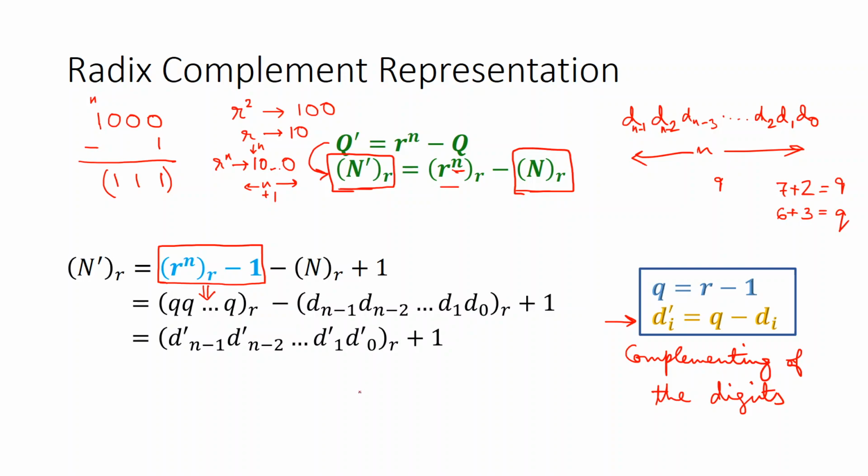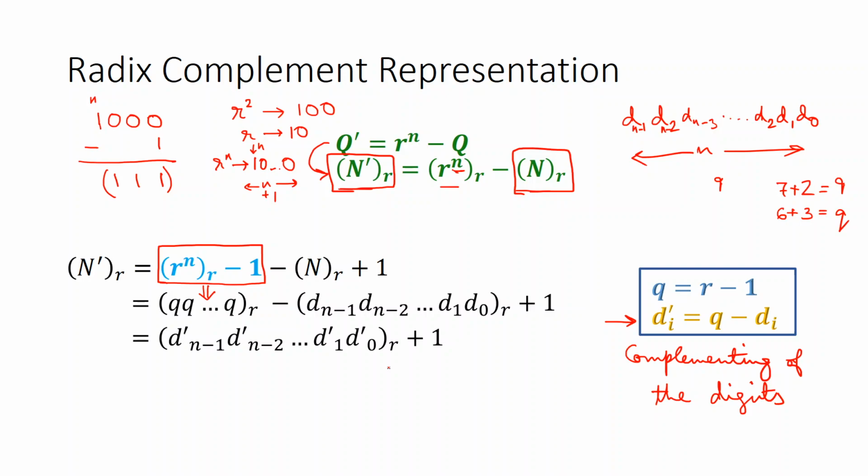This complementation is very easy, and especially easy for the binary number system because there are only two digits, 1 and 0, and 1 is the complement of 0, 0 is the complement of 1. So it is not even a subtraction, it is simply a flipping of the bits.